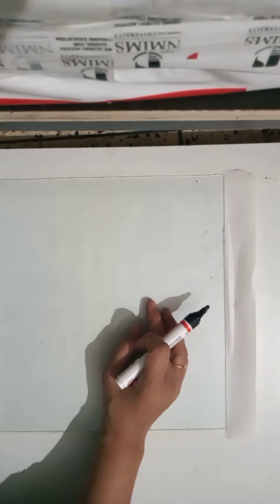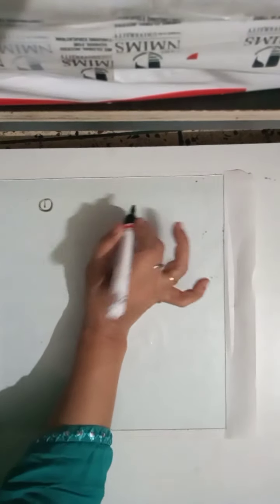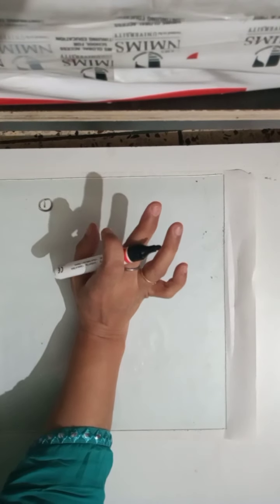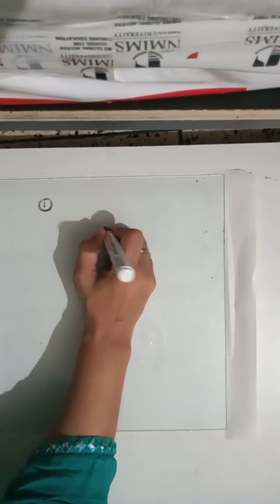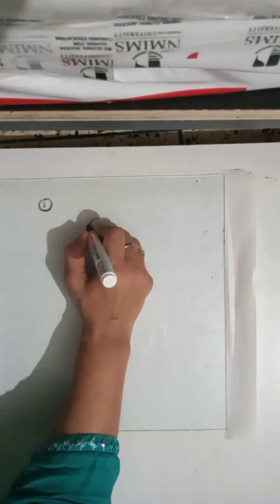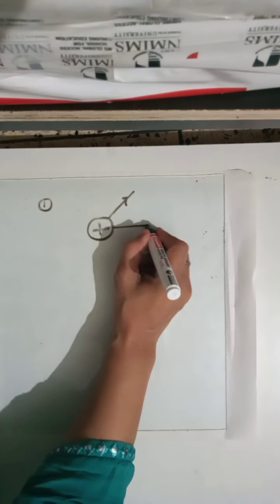Now, the electric lines of forces due to different pairs of charges. The first is if we draw for an isolated positive charge, that means there is only the positive charge, then what will be its nature? You will find the electric lines of forces will be in such a way.